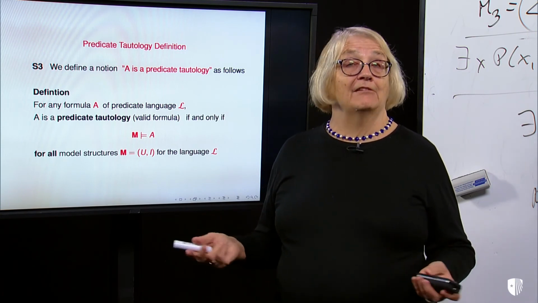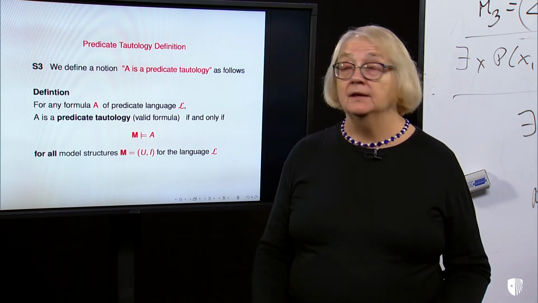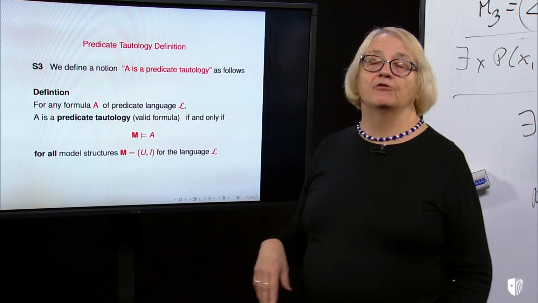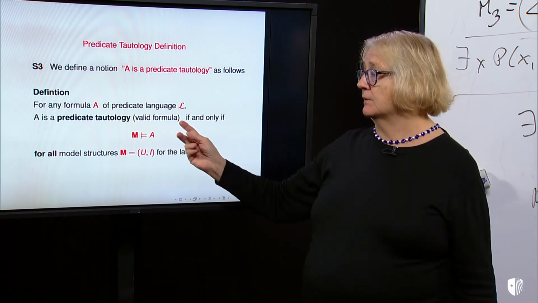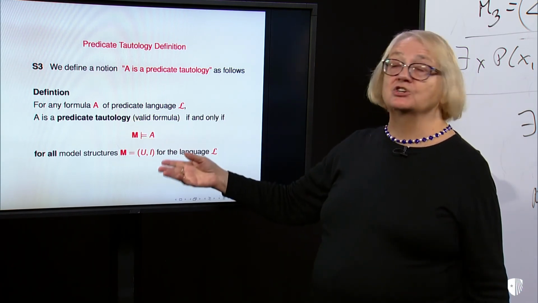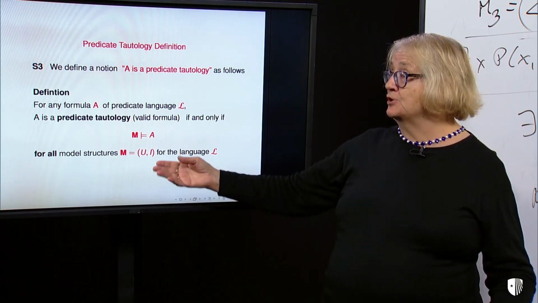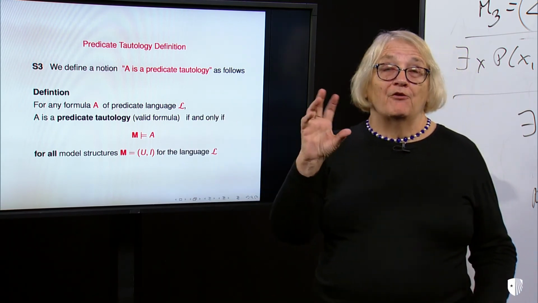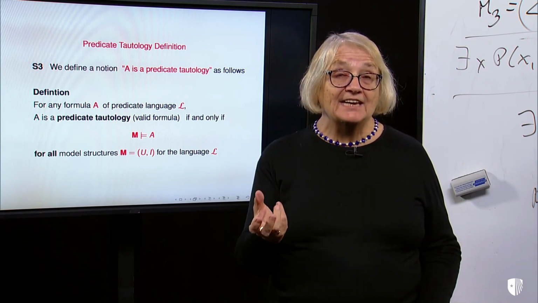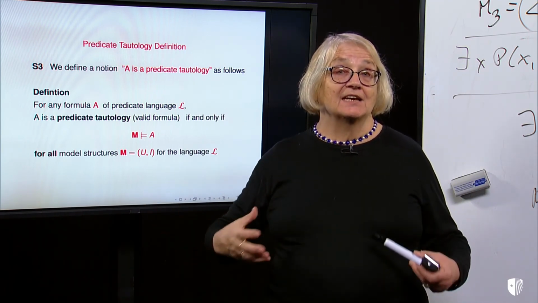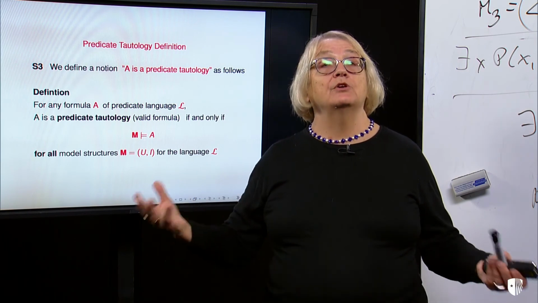Also now we can define a tautology. We say that a formula A of predicate language is a predicate tautology if all structures satisfy A. So it means that under any interpretation in any universe, it's always true.